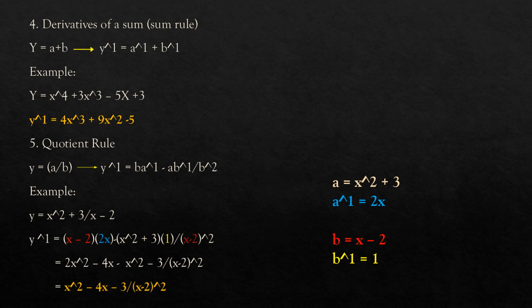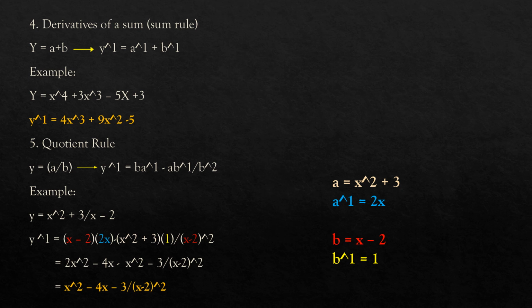The derivative will be: the 4 will become the coefficient, 4x, then 4 minus 1 is 3, plus 3 comes down, so 3 times 3 is 9, then 3 minus 1 is 2, then the derivative of x will be 1, so negative 5 times 1 is negative 5, plus, since this is a constant, it is equal to 0, so no need to write it.